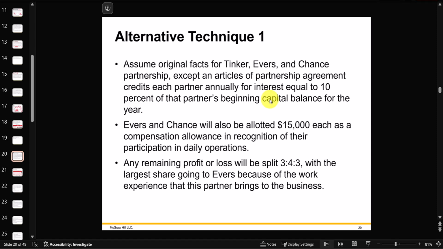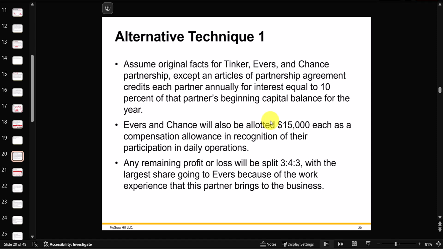Another thing to make things more fair is that Evers and Chance, they're going to be given $15,000 out of their partnership income during the year for the amount of work they put in. So really, the partner Tinker, maybe he's not even showing up in the office working. So again, we're going to be crediting Evers and Chance $15,000 each out of the total partnership income, and nothing like this for Tinker.